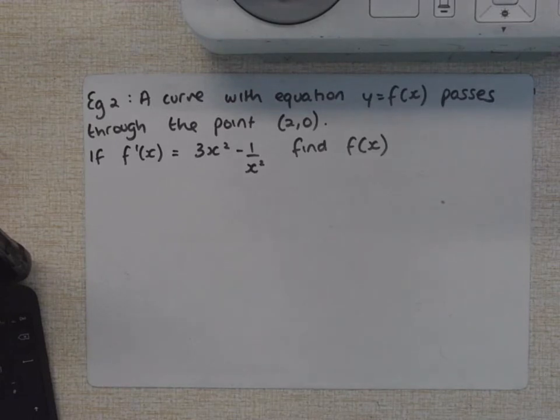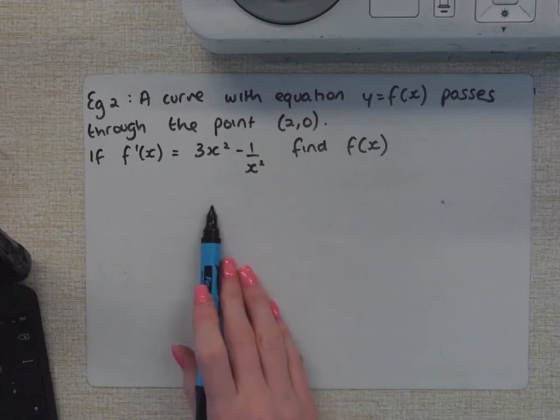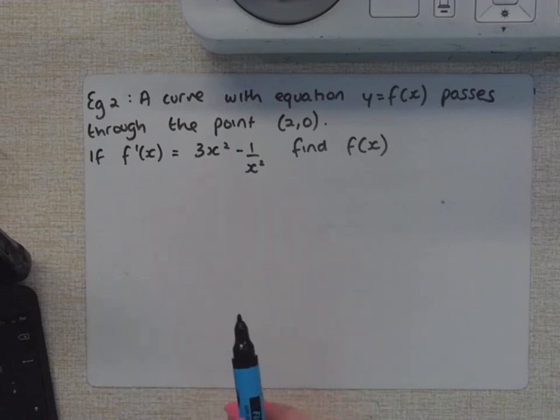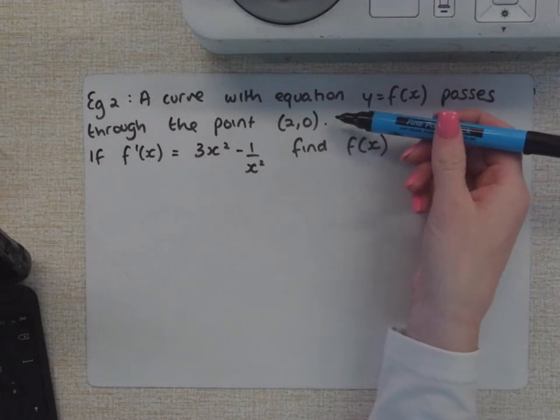If f prime x or f dash x is this, find f of x. So when you're integrating, you're going back up. Okay? We're at the derivative, we're going up to the function. We're reversing the process of differentiation. So we're just given the derivative, so we're going to integrate that. And we know when we integrate that, we get the function, we get f of x after you integrate. Okay? But we know our integral will have a plus c. So the function will have a plus c in it. So all we're going to do is use that point to find what c is.